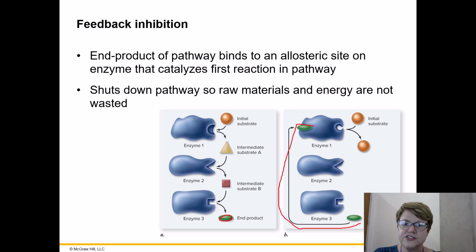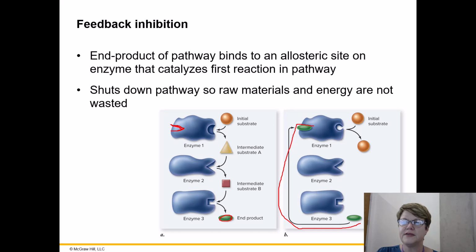Now, what I wish they had shown here was that enzyme 1 always had a niche on the back end. It's not like it was always there. But when the green ovals start to pile up, some of the excess end products attach to that binding site, which is not the active site.